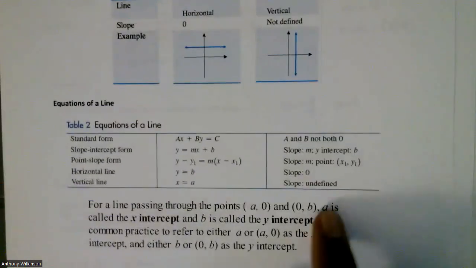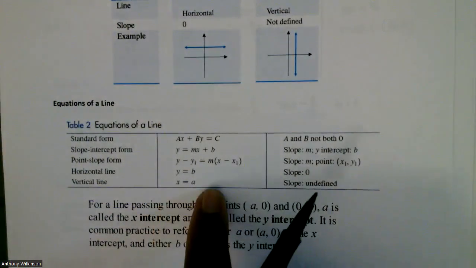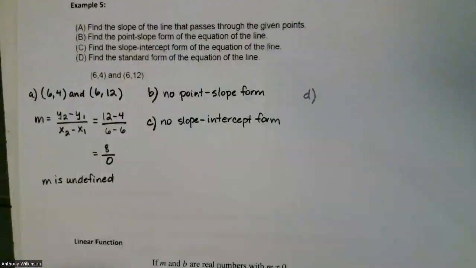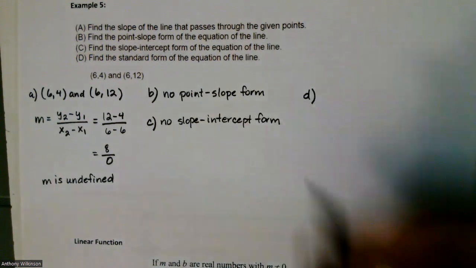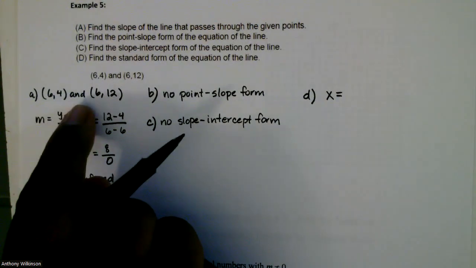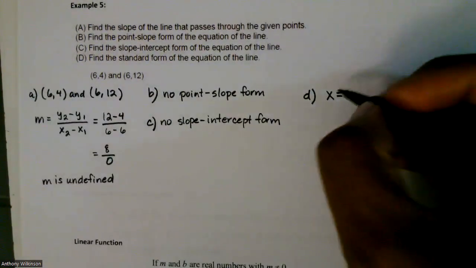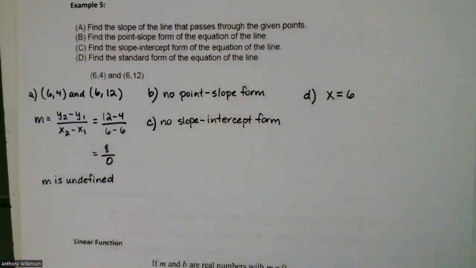Here the slope is undefined. That means that the vertical line would be of the form x is equal to a. And your a is going to be that x coordinate of your ordered pairs. So the common x in the ordered pairs you see here is 6. So x is equal to 6. That's the standard form of the equation of the line for this situation.